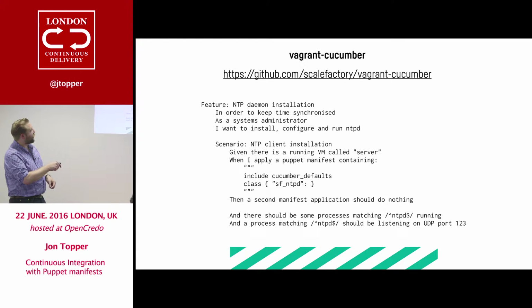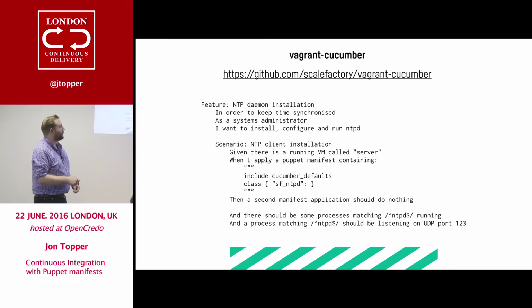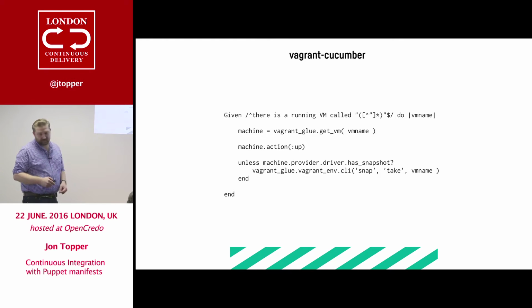Everything underneath the scenario there is interpreted programmatically, and so there are step definitions that allow us to interpret, given there is a running VM called server, and when I apply a Puppet manifest containing, and these are the other check things down here.